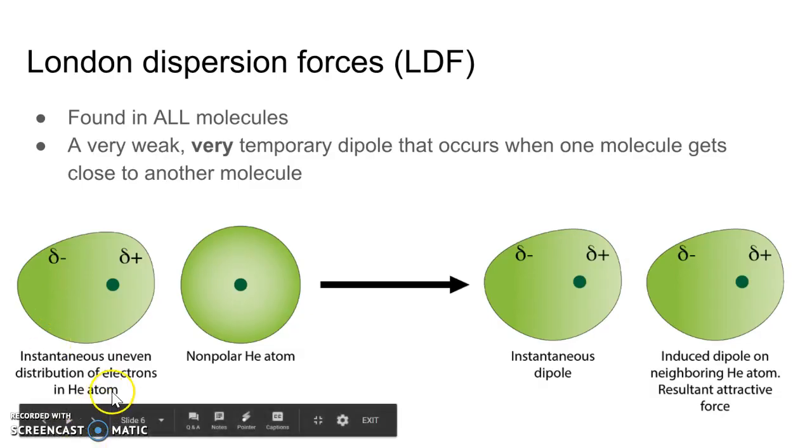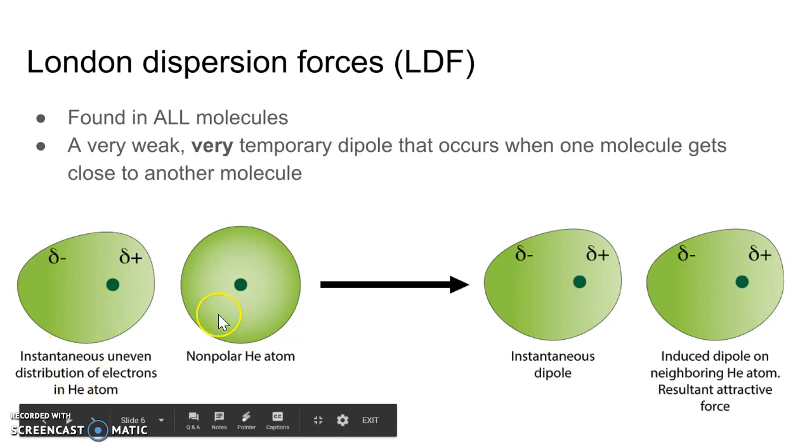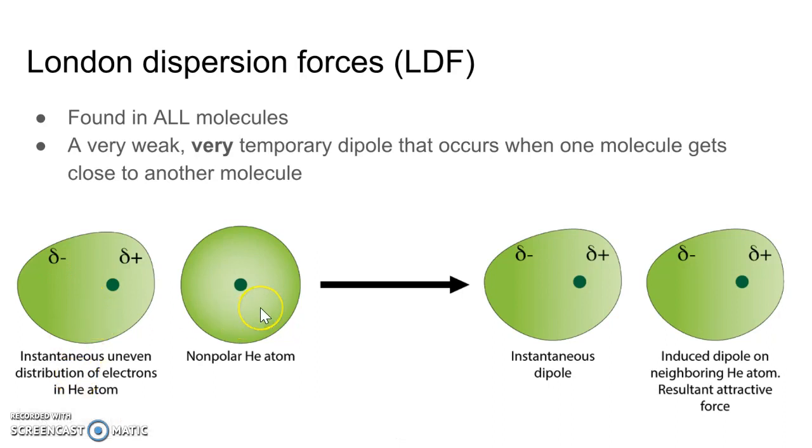So in this particular example down here, you've got the helium atom. If I have this uneven distribution of electrons in this helium atom and it's near this other helium atom that didn't have any uneven distribution of electrons, well, you can imagine that this positive charge is going to have an effect on the electrons over here.